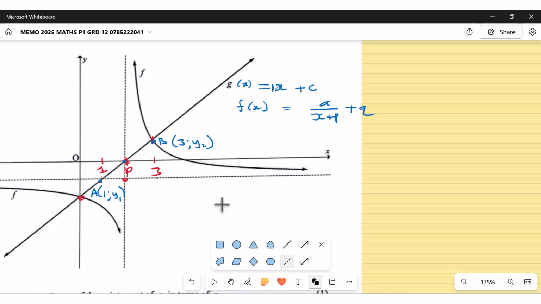Now, this line of symmetry, which has a positive gradient for this hyperbola, has the same gradient as the g.